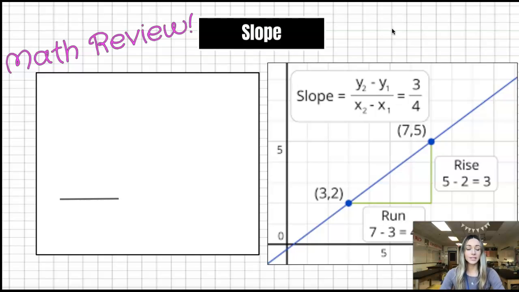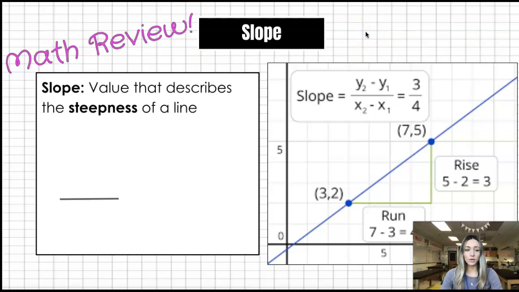Before we start analyzing distance versus time graphs, let's have a quick little math review. I told you that slope is the most important part of a distance versus time graph and that it tells us the velocity of the object being graphed. As a quick review from math class, slope, also known as m, is the value that describes the steepness of a line.